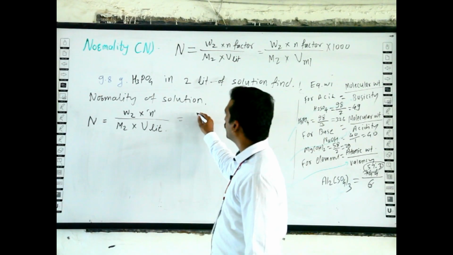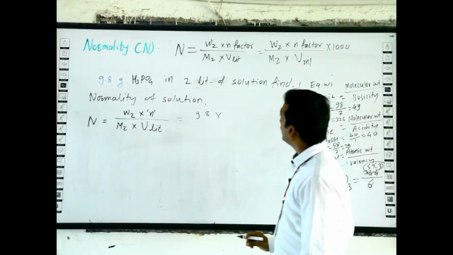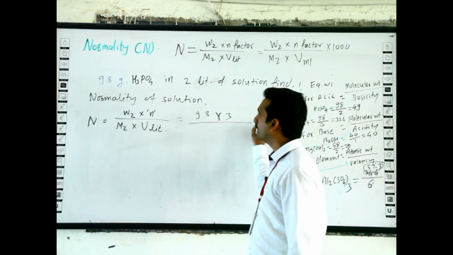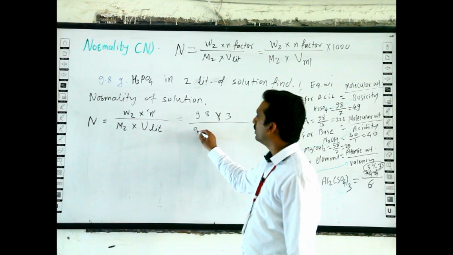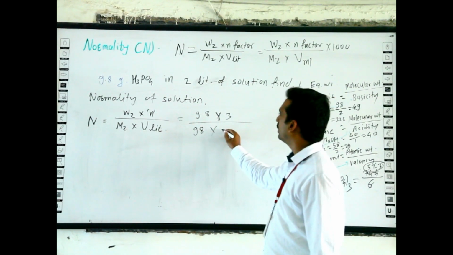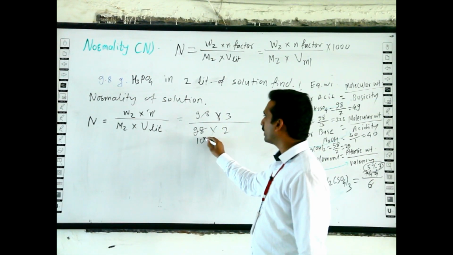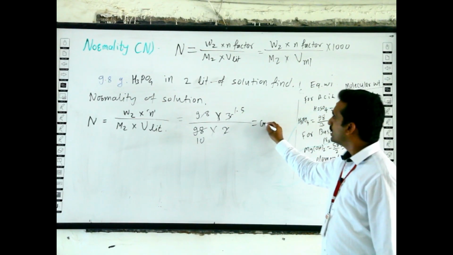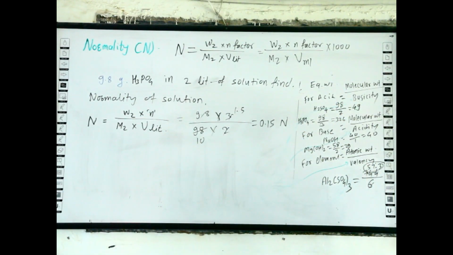W2 is the weight of solute, that is 9.8, into, for H3PO4, valency factor is 3, divided by M2, value of M2 is 98, and volume in liter is 2 liter. Here the calculation gives 1.5 by 10, 0.15 normal is the answer.